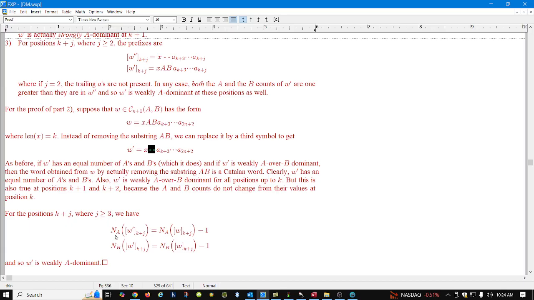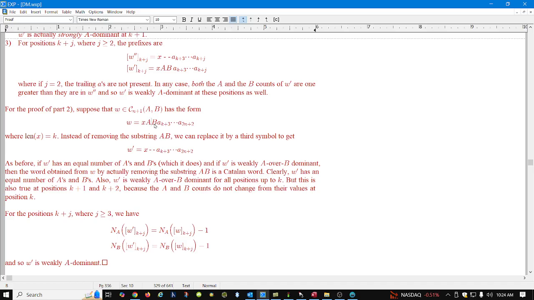But the number of A's in W prime, so we're looking at something like this, the number of A's in W prime up to that point is the number of A's in W up to the same point minus 1, because we've lost this A. And the same thing for B's.